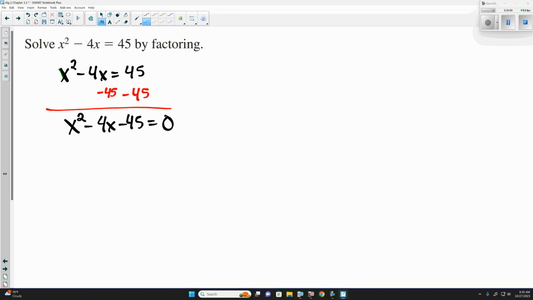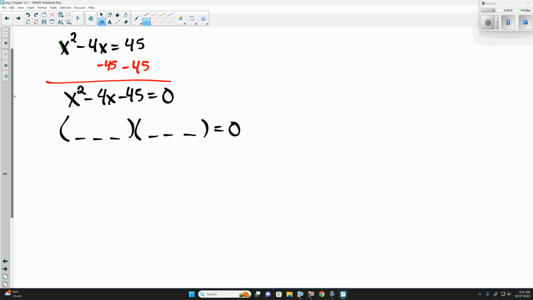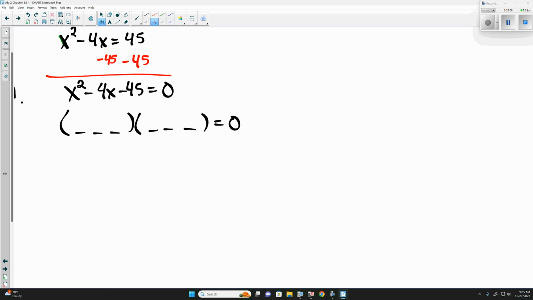Is there a greatest common factor? No. So we'll move on to our two sets of parentheses with three spaces. So we would indeed have that. Our signs, since the third term is negative, our signs are opposite.